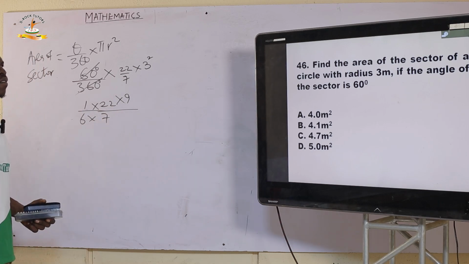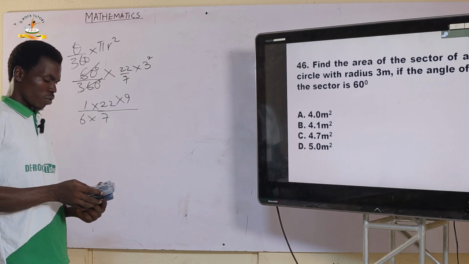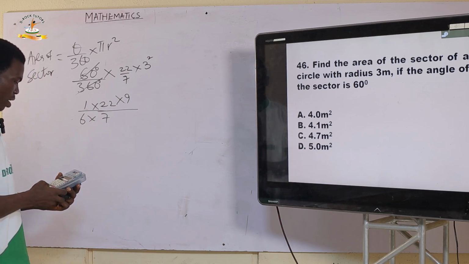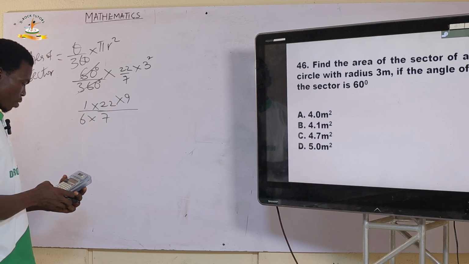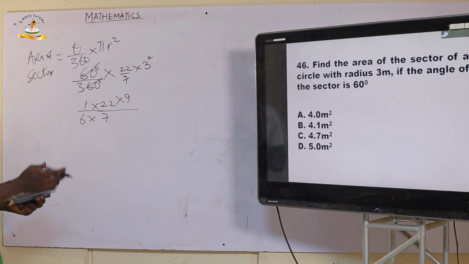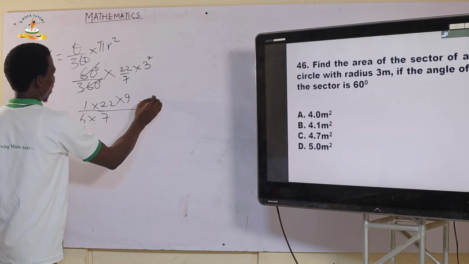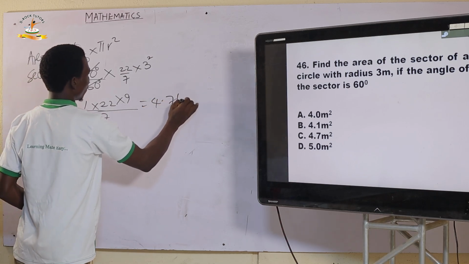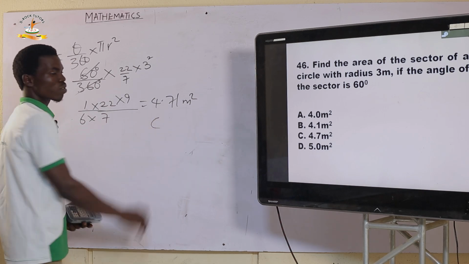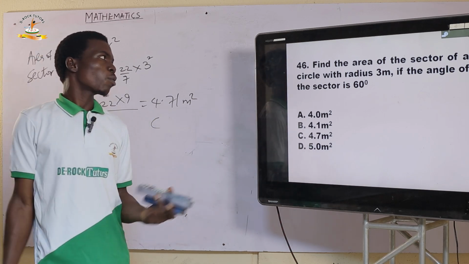And if you do this very well, let's see what the result is going to look like. So 22 multiplied by 9 divided by 42, and this is going to be what? 4.71, approximately 4.7 meter squared, and that is going to be what? Option C. So C is the correct option for that question.